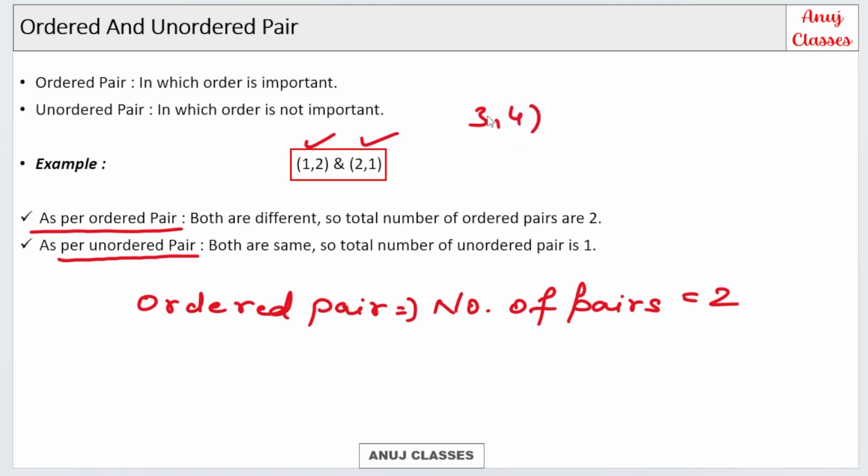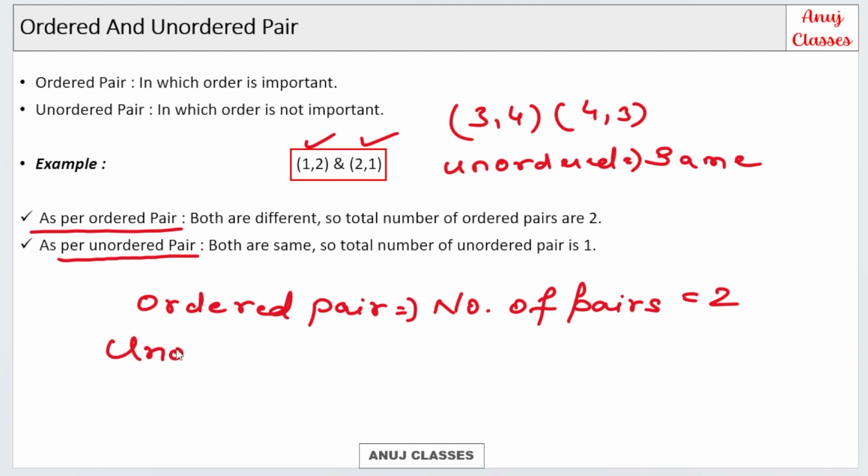Similarly, if we have a pair of 3, 4 and 4, 3, as per the unordered pair these two pairs will be the same. So here we can say that the number of unordered pairs will be 1.